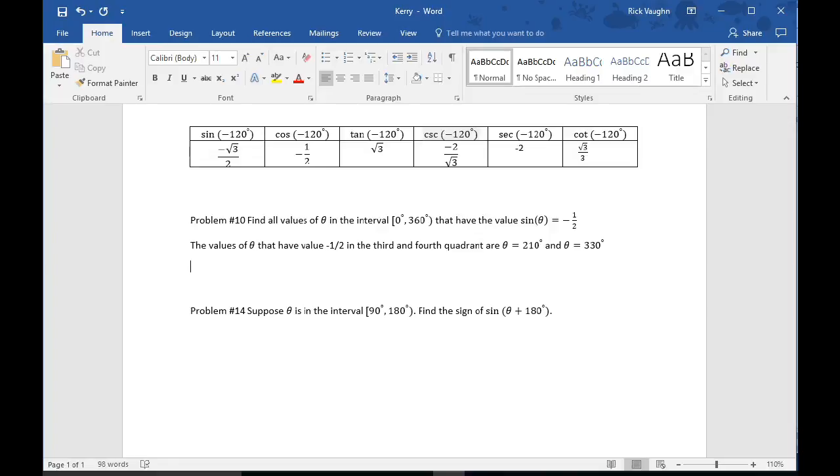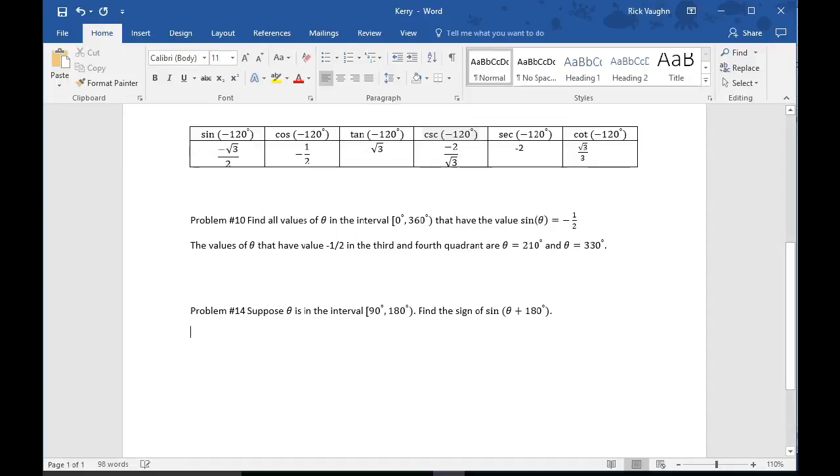So I'm visualizing where that angle is in my mind, and then I'm either adding to 180 or subtracting from 180, or adding to 0 or subtracting from 0, or adding to 360 or subtracting from 360, whichever it might be. So first find the reference angle and then make the adjustment to one of those sides based upon the quadrant that has the correct signs.